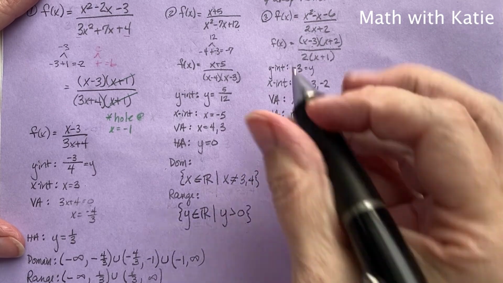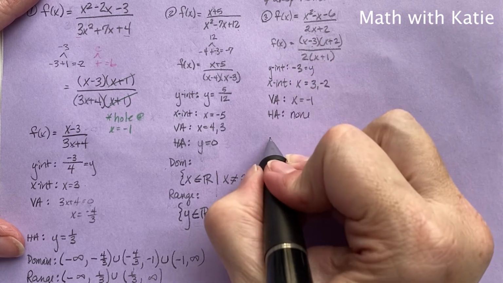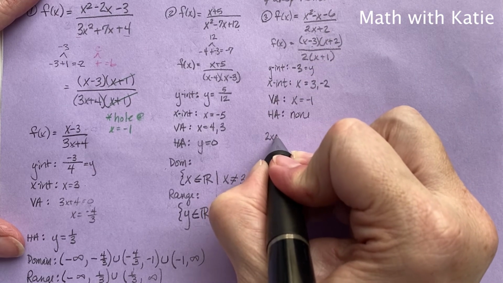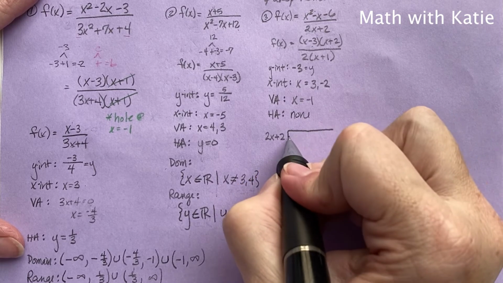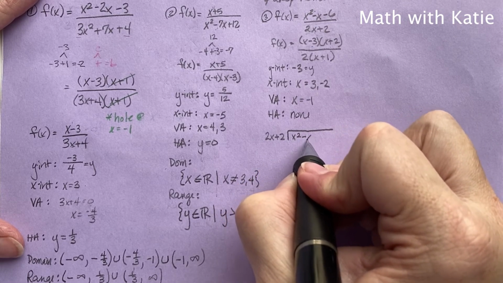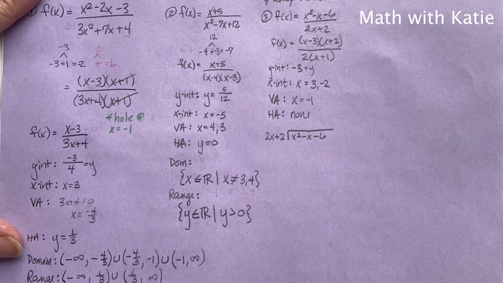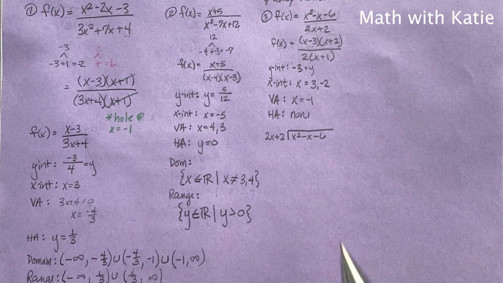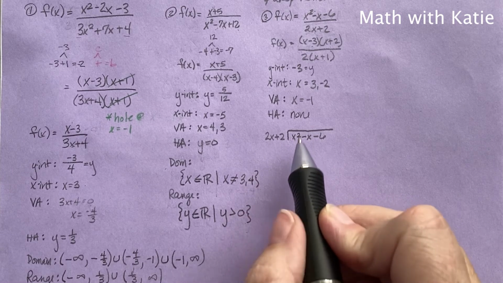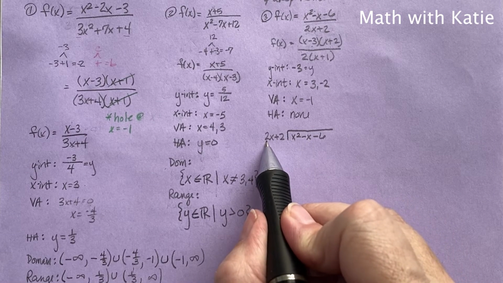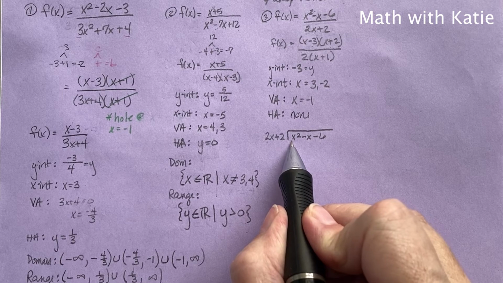So here we're going to do 2x plus 2 into x squared minus x minus 6. So how we do this, especially because now we've got a greater number out here than we have under here, okay?